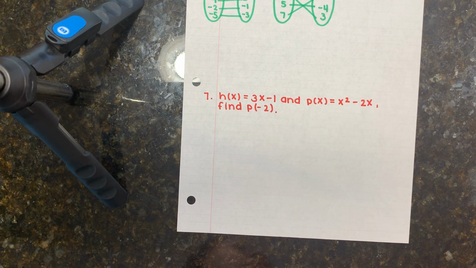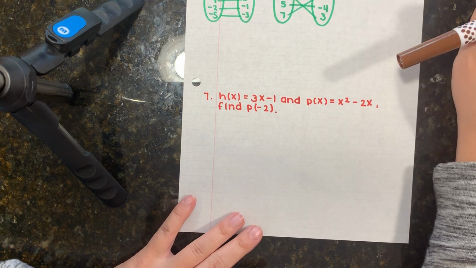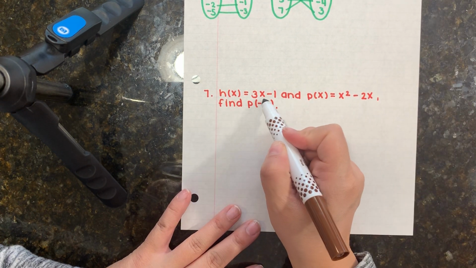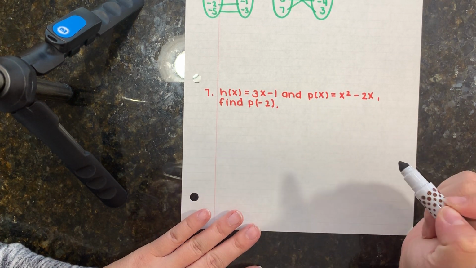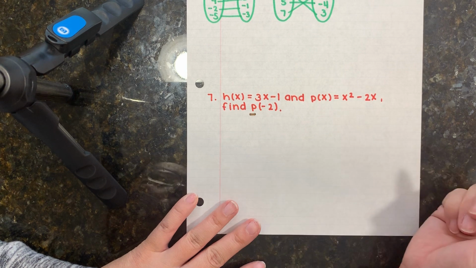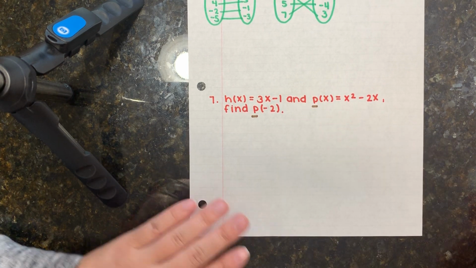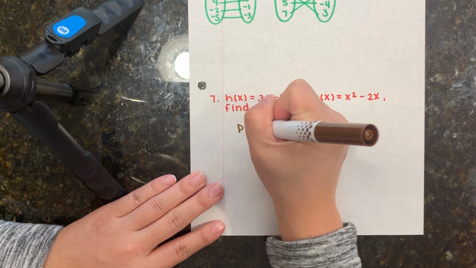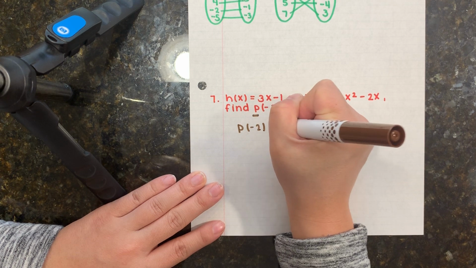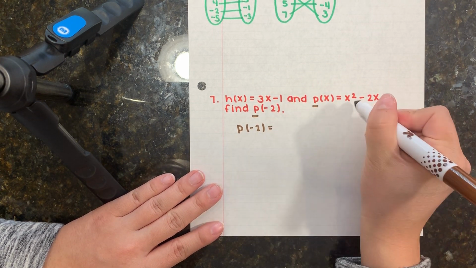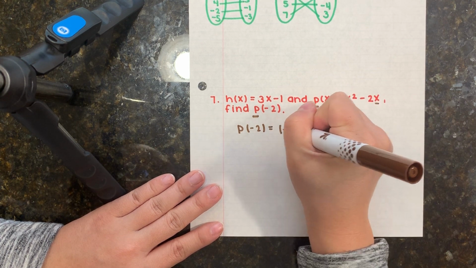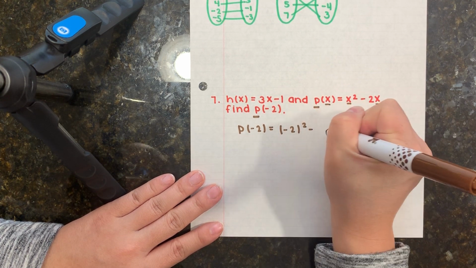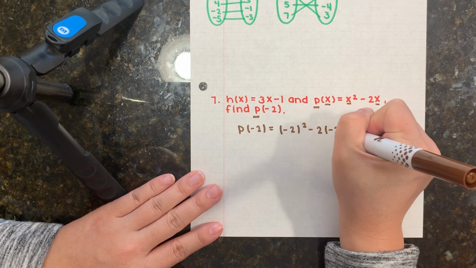So again, if you haven't tried this one, please pause the video here and then attempt this problem. So I have h of x is equal to 3x minus 1 and p of x is equal to x squared minus 2x. Find p of negative 2. Well, I'm looking for the p function. The p function is here. Now, if I want to evaluate p of negative 2, all you're going to do is take that negative 2 and plug it into where all the x's are, which would give us negative 2 squared minus 2 times negative 2.